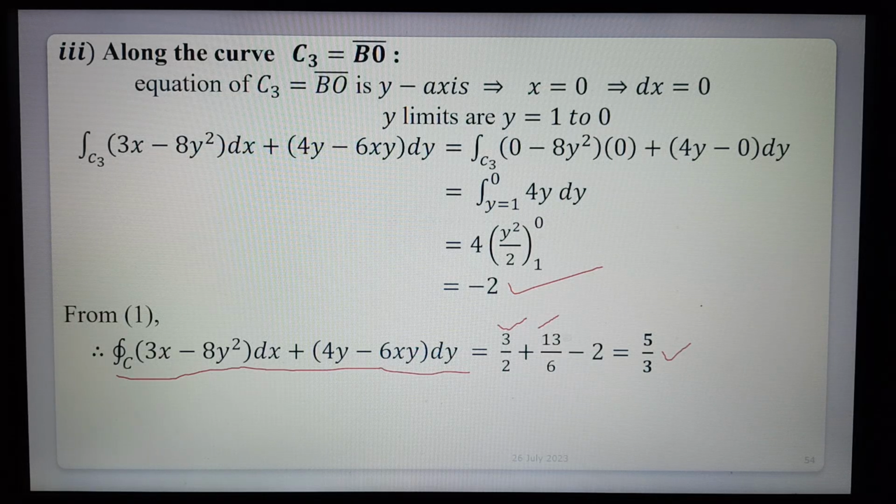See, we already found in the first part that the double integration over R is 5 by 3, and this line integration over C is equal to 5 by 3. So line integration is equal to the double integration. See that both values are equal. Hence Green's theorem is verified. So this is the problem on Green's theorem verification.